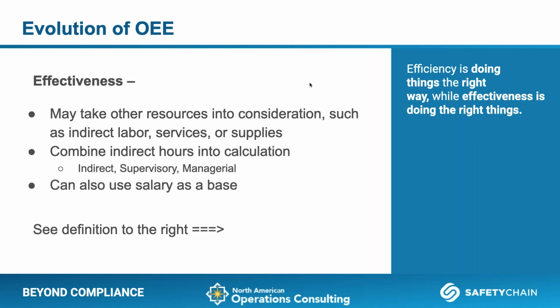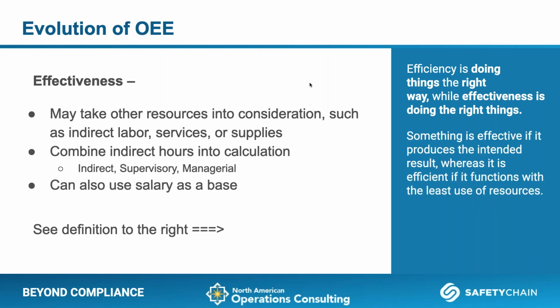When you start to use those salaries, and some of those indirect salaries are a lot higher, it gives you a little better perspective of actually what it's costing you to run the line.